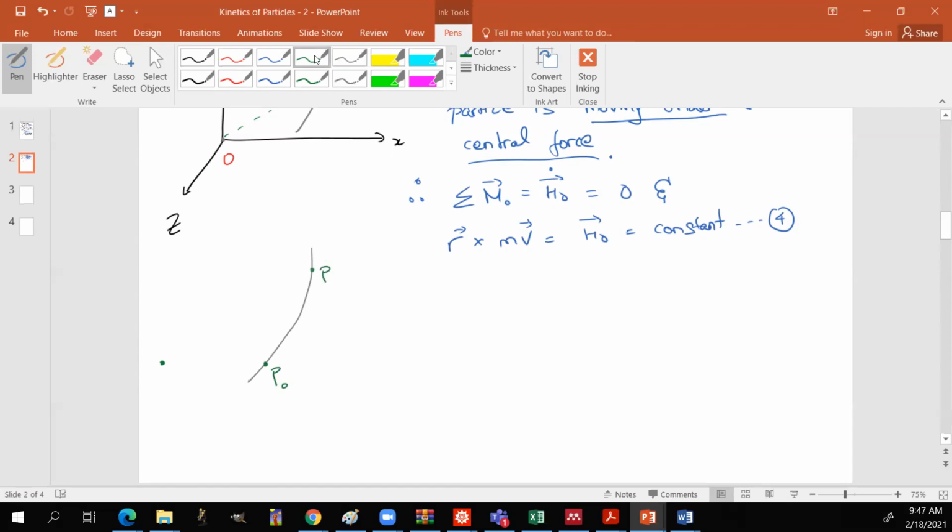So you can define your position vector to P naught, let's call that R naught, and then you can define another position vector to P, let's call that R. At P naught, you'll have your linear momentum, m V naught, like that, and you'll have this initial angle phi naught like that. So let me draw it another color.